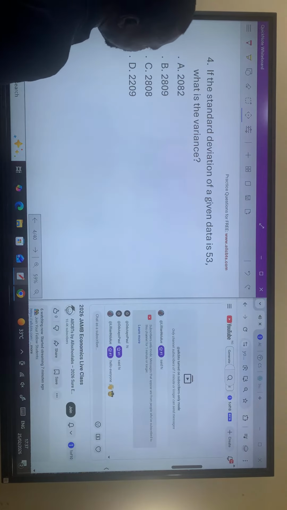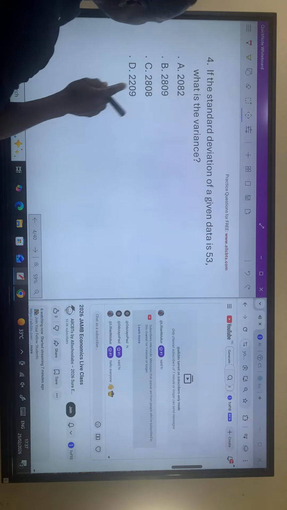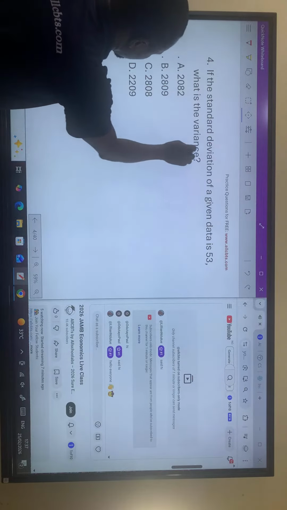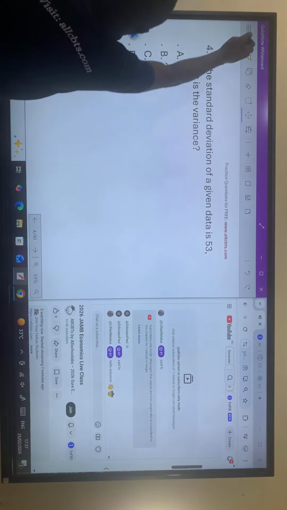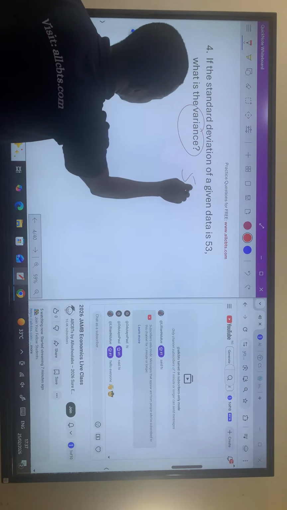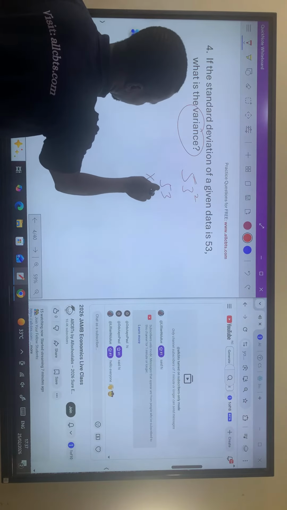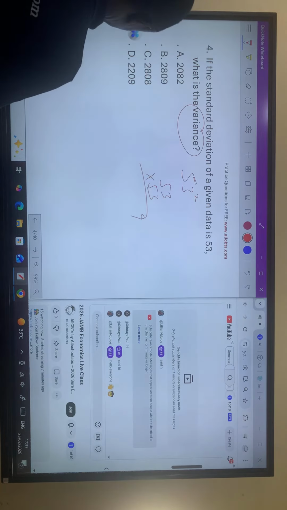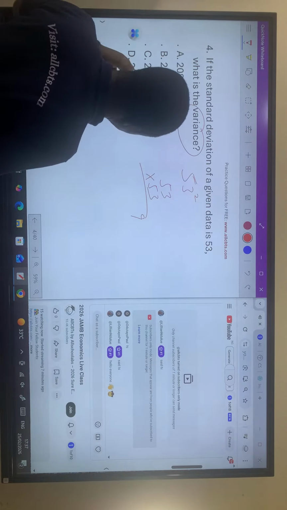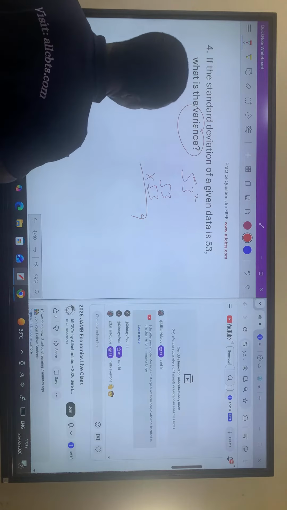If the standard deviation of a given data is 53, what is the variance? The variance should be the square of the standard deviation, all right? So variance should be 53 squared. That's 53 times 53. Okay, 3 times 3, so the unit digit of the answer will be 9. 3 times 5 is 15.